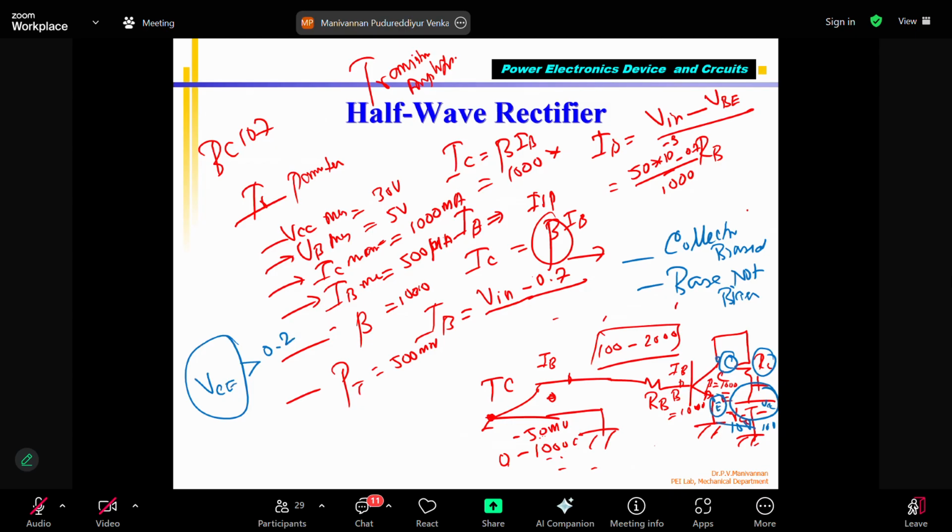It is biased. But base, do you have a DC voltage? I already told you what is biasing: supplying a constant DC voltage as suggested by the manufacturer, which is called VCC max, VBB max. Say the manufacturer says 30 volts, or 5 volts or 7 volts.